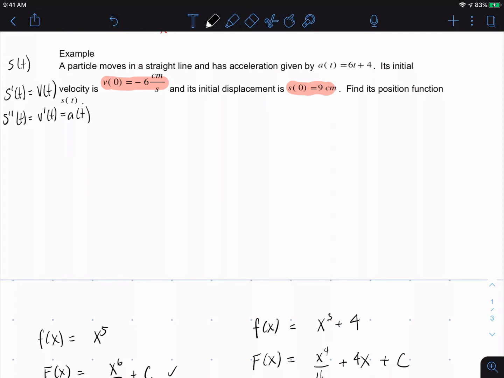Yes. Okay, so in our problem, we're starting off with a of t equal to 6t plus 4. We want to get to velocity, and then from velocity to position. So if I'm going from acceleration to velocity, am I not taking the antiderivative of acceleration?